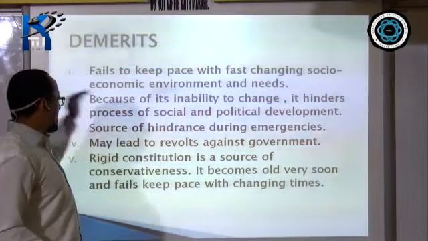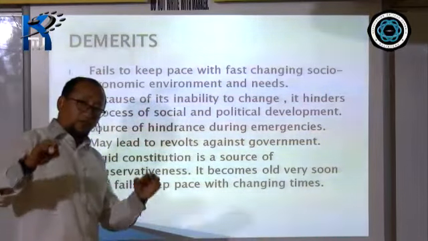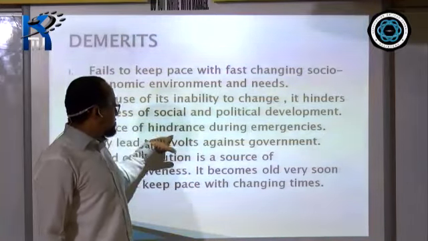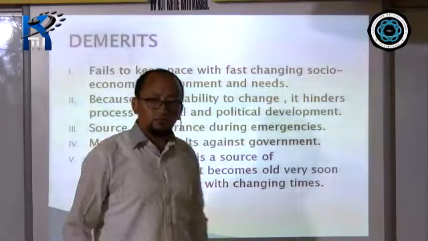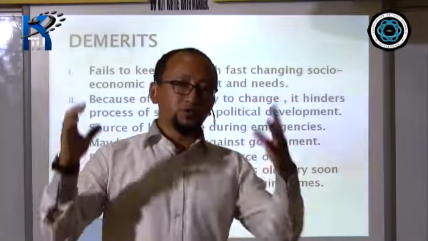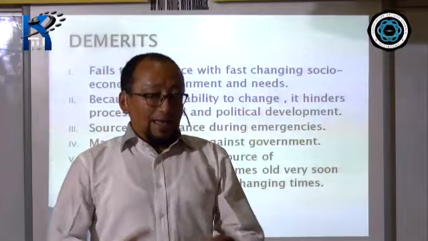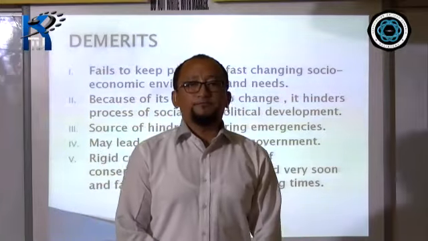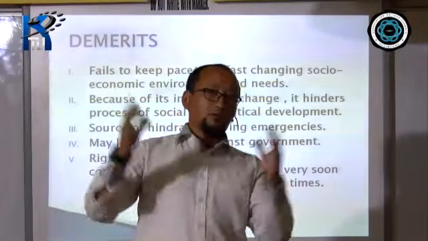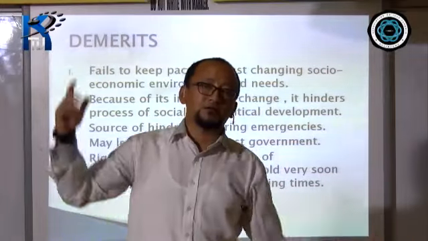Let's look into the next point here. Very important. Look at this. Source of hindrance during emergencies. So children, whenever we talk about emergencies, you know the term. Any untoward incident that takes place, all right? That's an emergency. War, threat of war, external aggression.